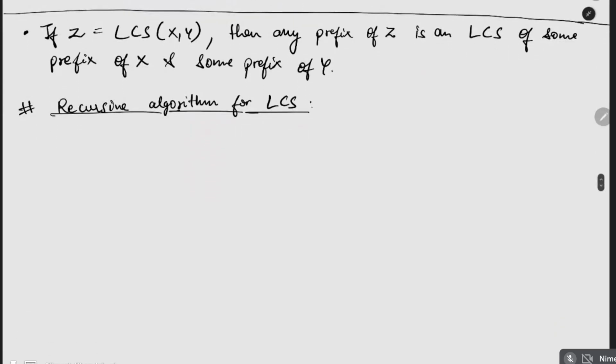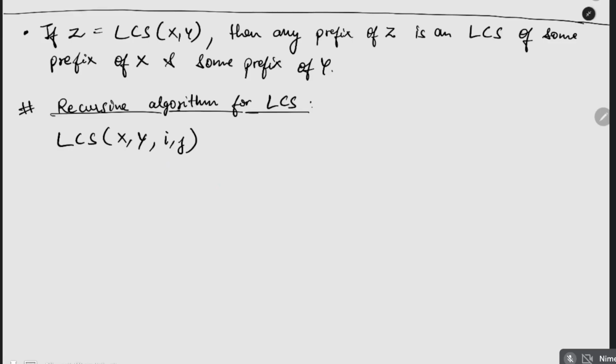So how that works is we define the LCS over the sequences or arrays that have been passed and the indices in those arrays. So i is the index for x and j is the index for y.